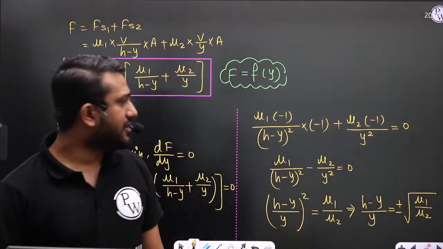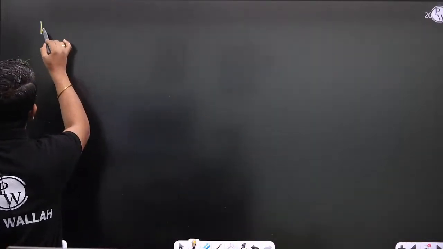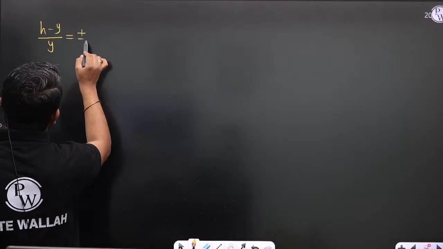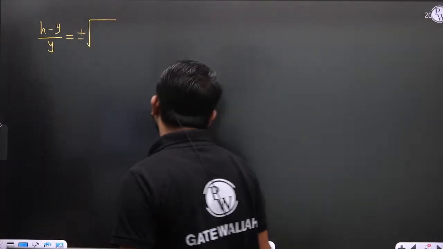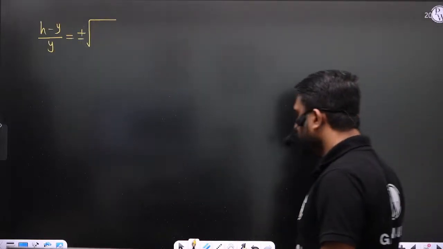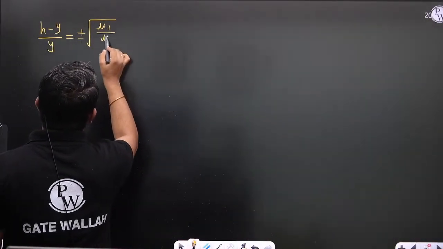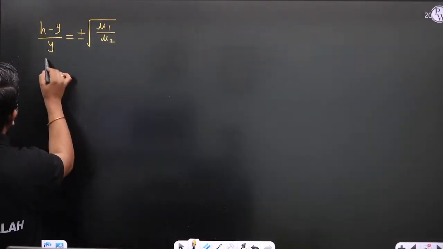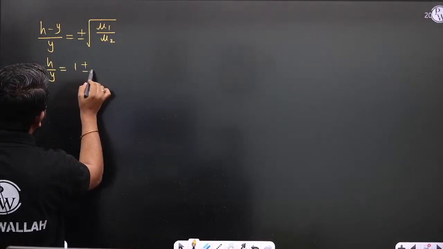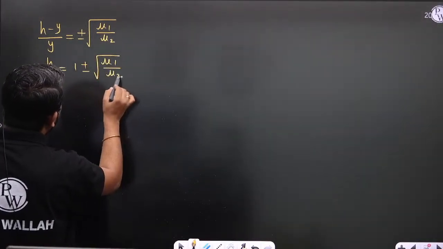Okay, so if it is clear to everyone, then see that (H minus Y) by Y is equal to plus minus root over mu1 by mu2. And we can write H by Y is equal to 1 plus minus root over mu1 by mu2.